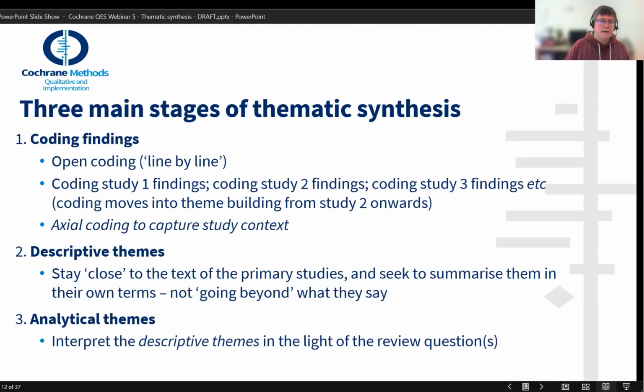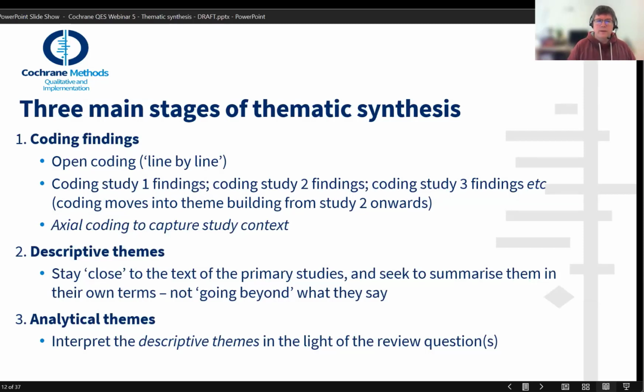What happens next is the third stage, the analytical themes, where we're interpreting those descriptive themes in the light of the review question. Sometimes the descriptive themes simply answer the review question and you don't really need to do very much. Other times there needs to be a certain amount of interpretation on the side of the reviewers in order to address the review question with what the primary studies have said.